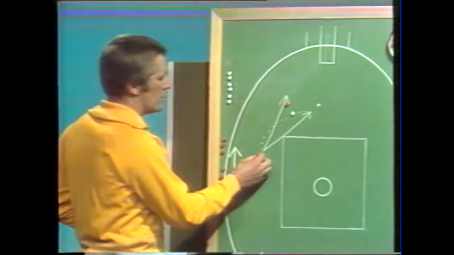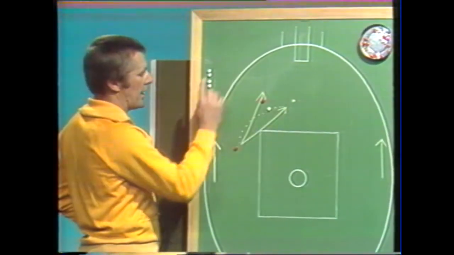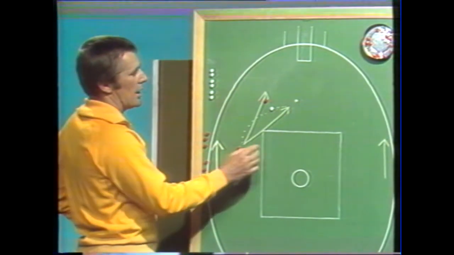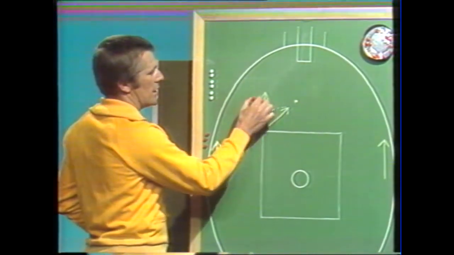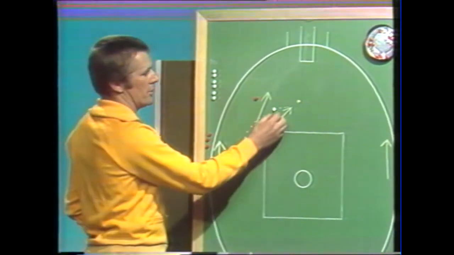Now, I'd like to demonstrate on the board how you can set up your team play so that you do, having conceded possession, put maximum pressure on the opposition. Imagine that the players in red are attacking, and this player, a forward player, is marked by his opponent.